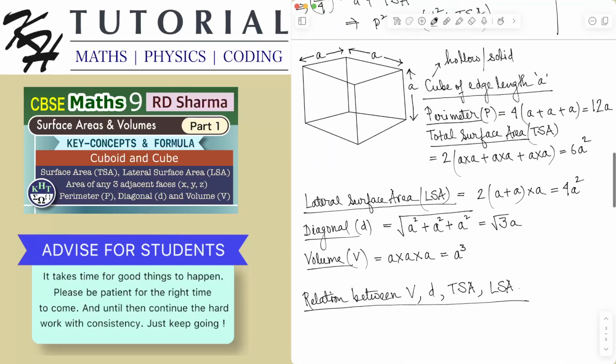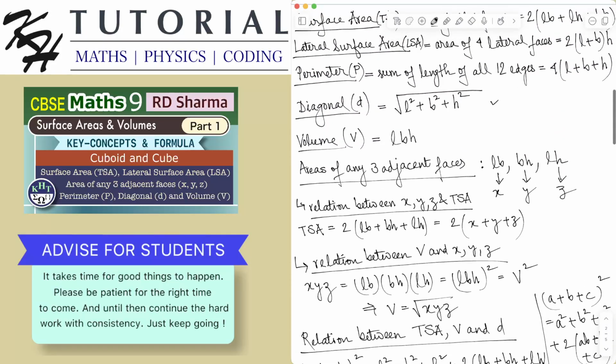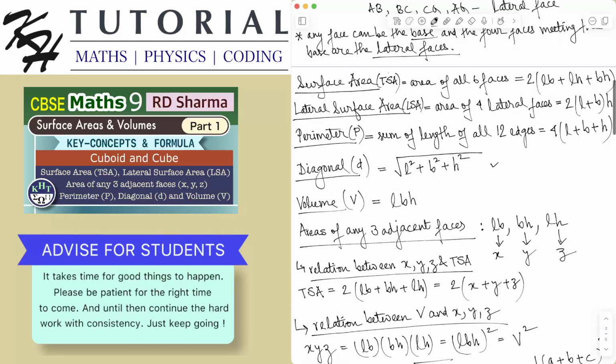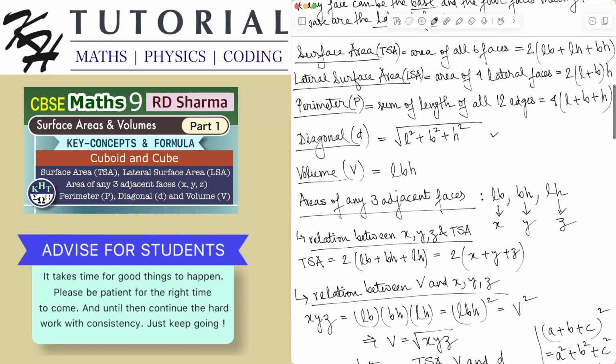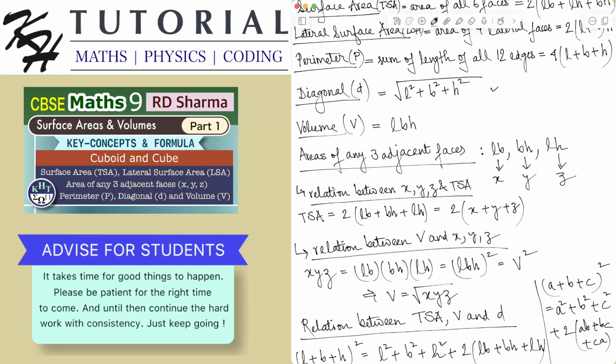Now regarding cube, all the formulas of a cuboid you must know and remember very well. You should not forget all these formulas: L, B, H, diagonal, volume, perimeter, lateral surface area and surface area. And if the areas of any three adjacent faces are x, y, z, then the total surface area will be equal to 2 into x plus y plus z, and also x times y times z will be equal to V square.